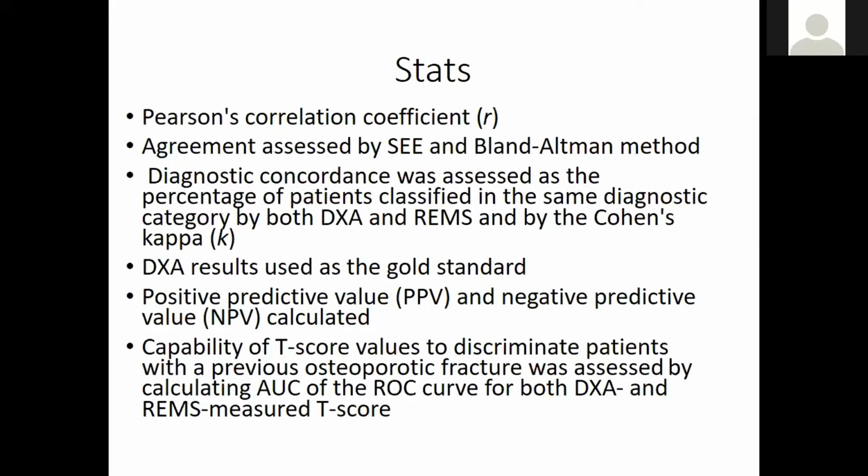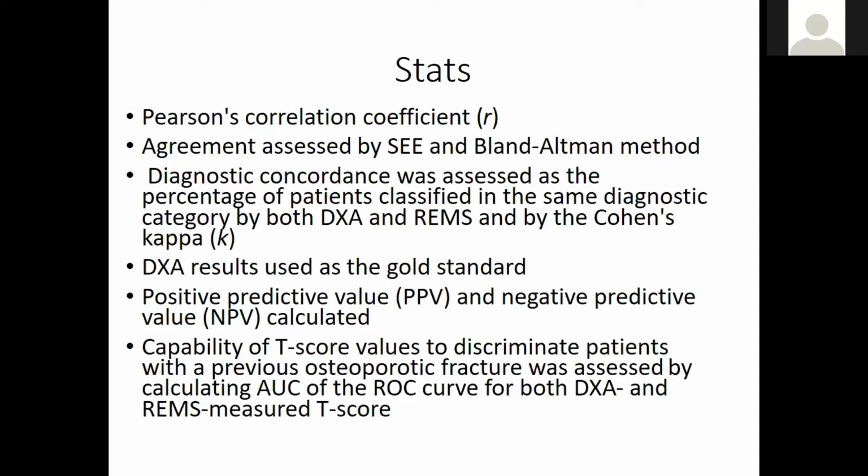I'm going to show you some slides that show the Pearson correlation coefficient between the DEXA and REMS. I'm going to show you some Bland-Altman plots. We looked at diagnostic concordance between the two by Cohen's kappa statistic, and DEXA was used as the gold standard.